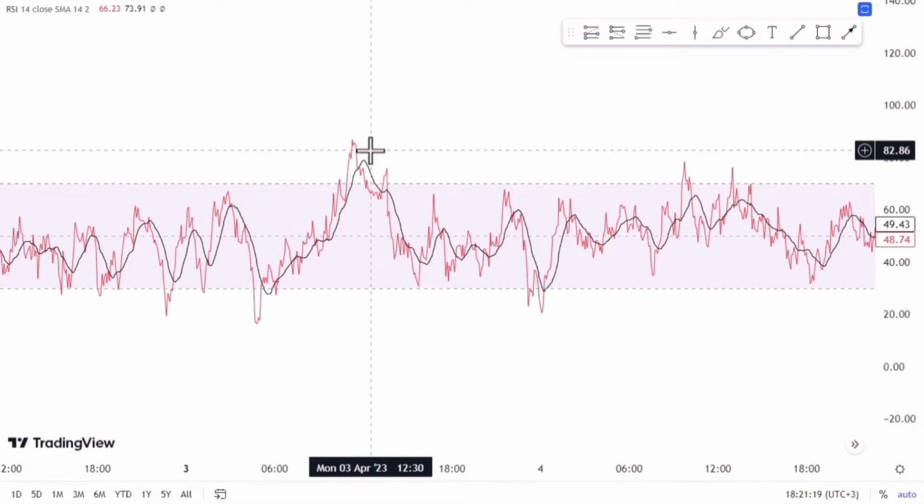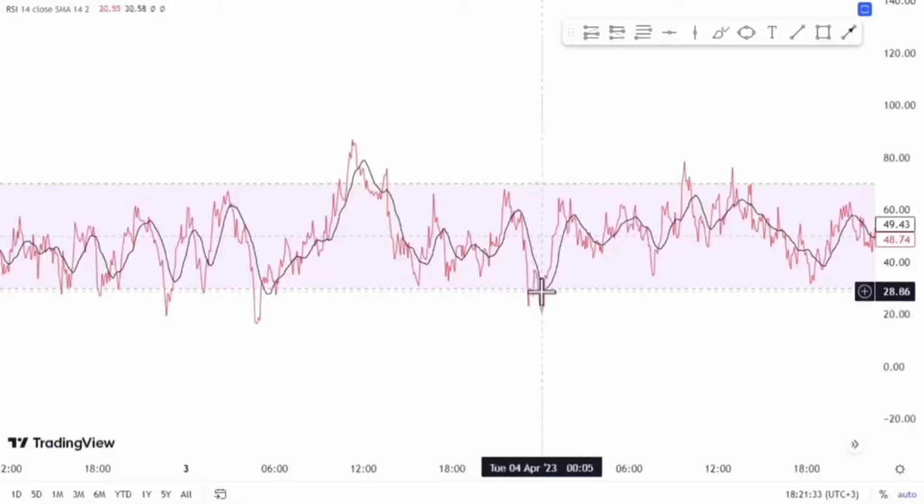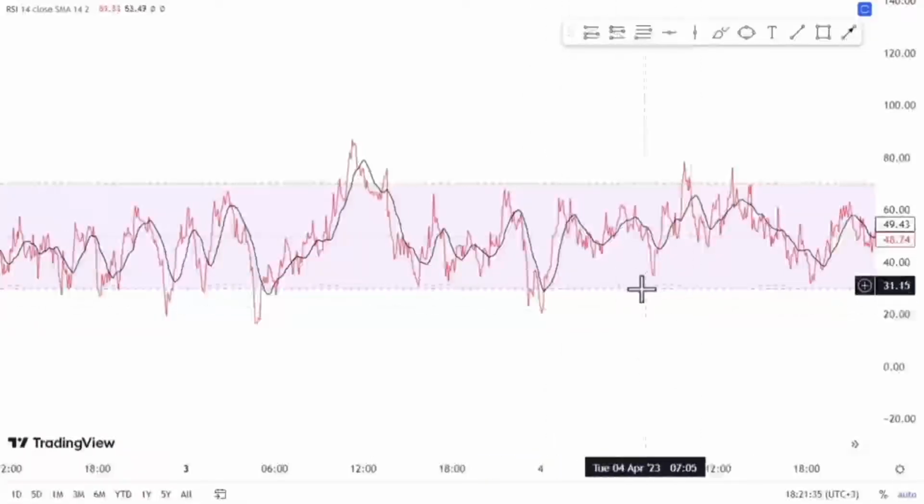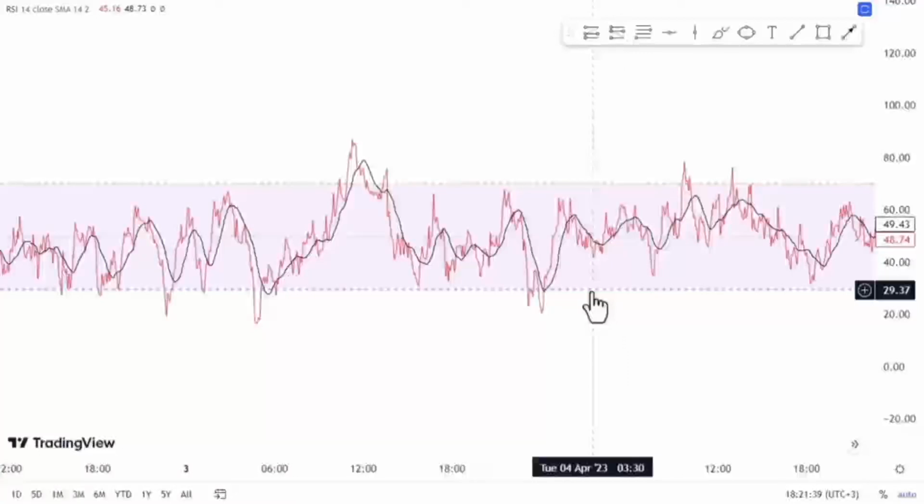It means somehow it's close to a rejection zone, let's say a resistance zone. The opposite is the same. When the price is going beneath this 30 level, we can expect that the price is close to a support level, the key level. It may reverse from there.